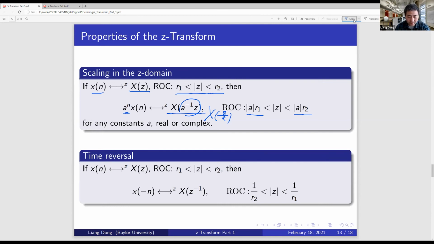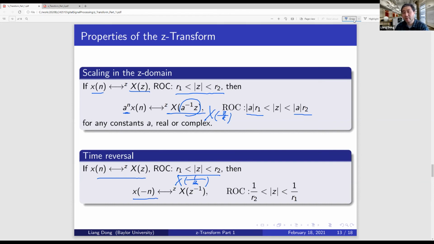Time reversal. This is a z transform pair. We have a region of convergence. Then the time reversal, we're checking the signal from future to past, x[negative n]. The z transform, we get X(1 over z) in this format. It's time reversal. Time reversal in the z domain, you are looking at an inverse.